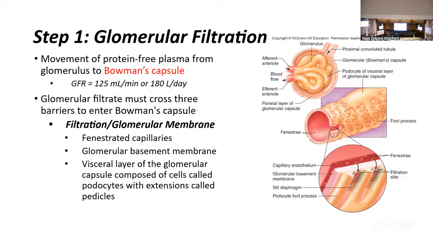That capillary is surrounded by the little Pac-Man called Bowman's capsule. It's going to be capturing the fluid that comes out of this capillary. Okay? So lots and lots of stuff is moving out of the glomerulus, moving out of your bloodstream as it passes through your kidney.